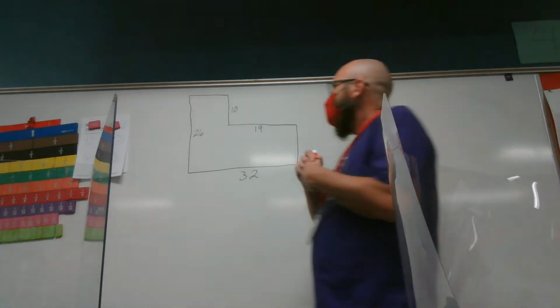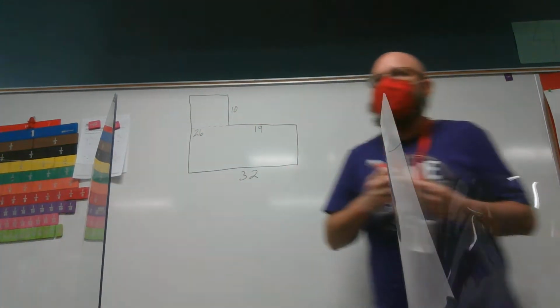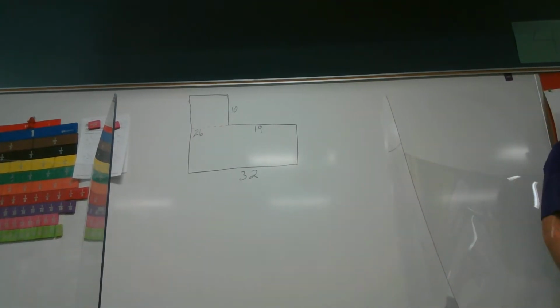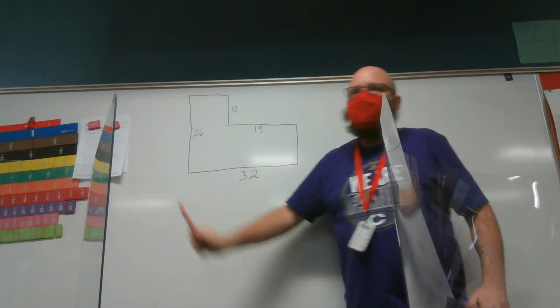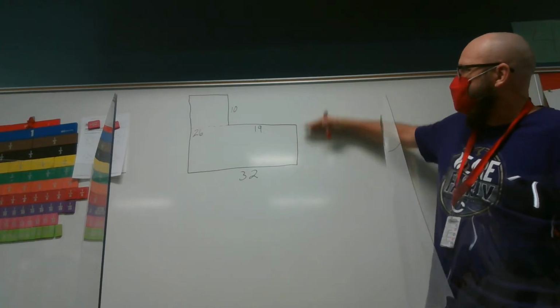Alright, so if we draw a little rectangle here, we make it into two rectangular shapes. This whole side from here to here is 26. But we want to just know here to here.